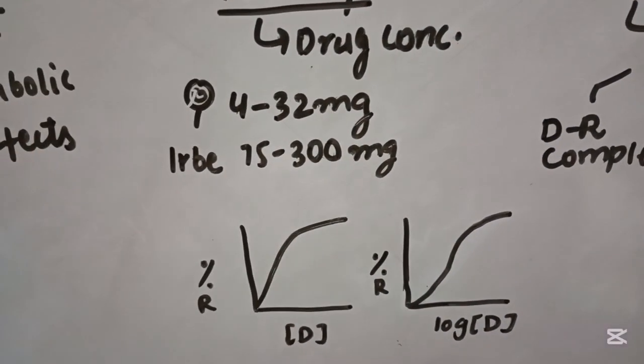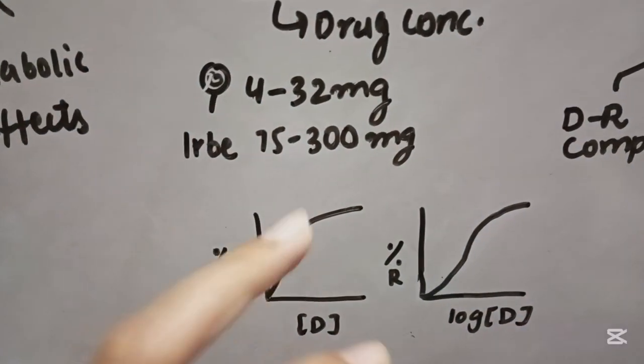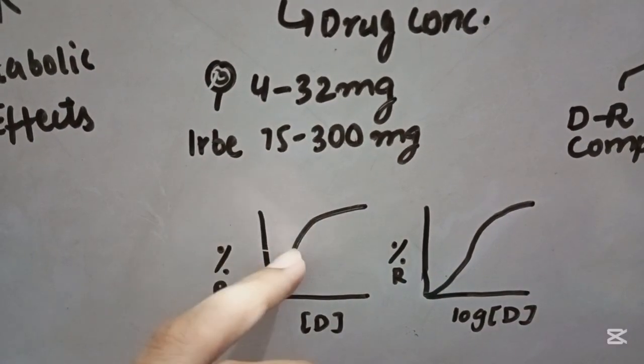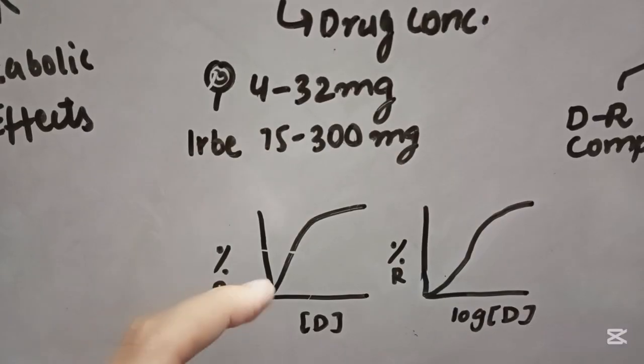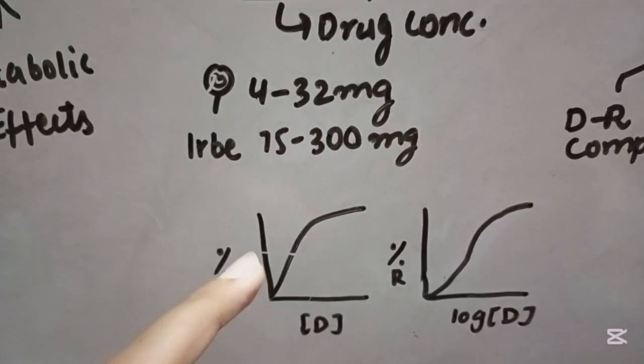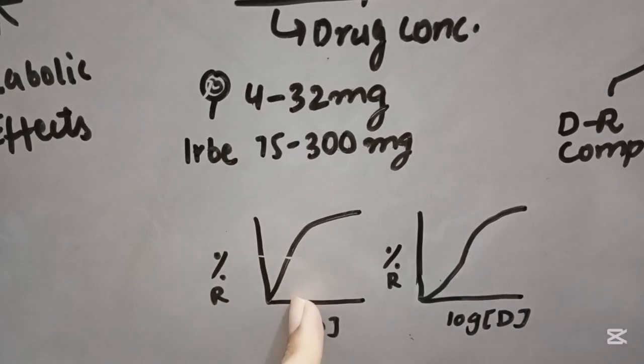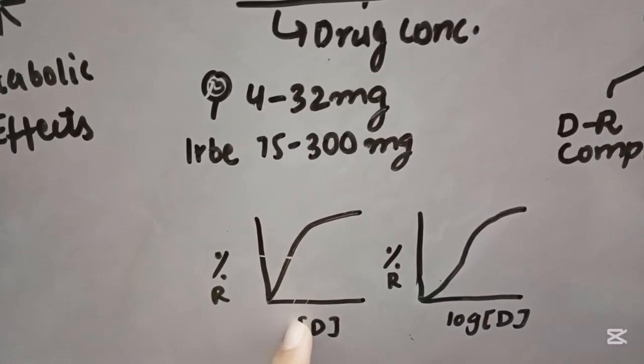And EC50 is the 50% response; it can be drawn approximately here. This is the drug concentration that produces the 50% response.